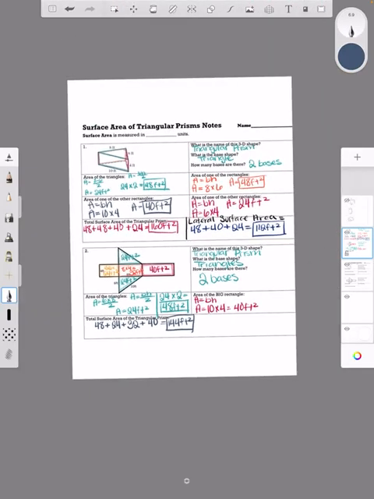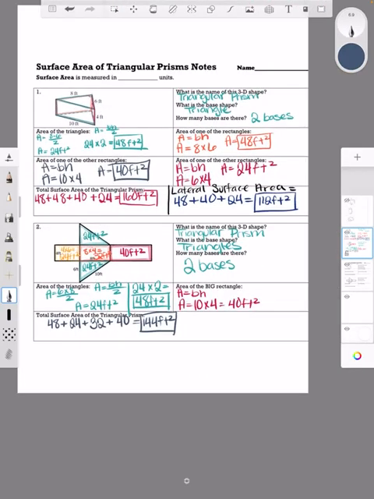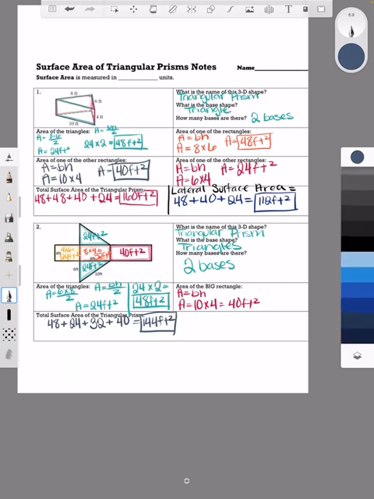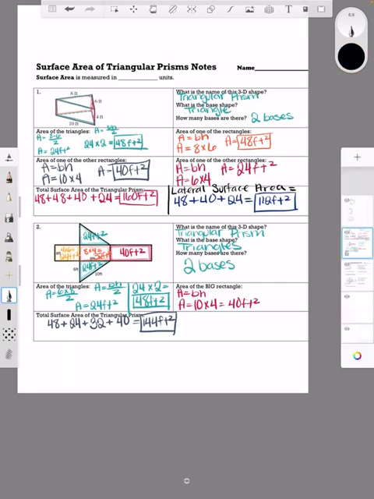All right, so that was our total surface area. If we want to figure out what our lateral surface area is, then we just don't include our bases. So we're going to take out our bases here. Our bases were triangles, and the area of our bases is 48 feet squared. So the lateral surface area is just the surface area of our faces. So we would just add those three values together.